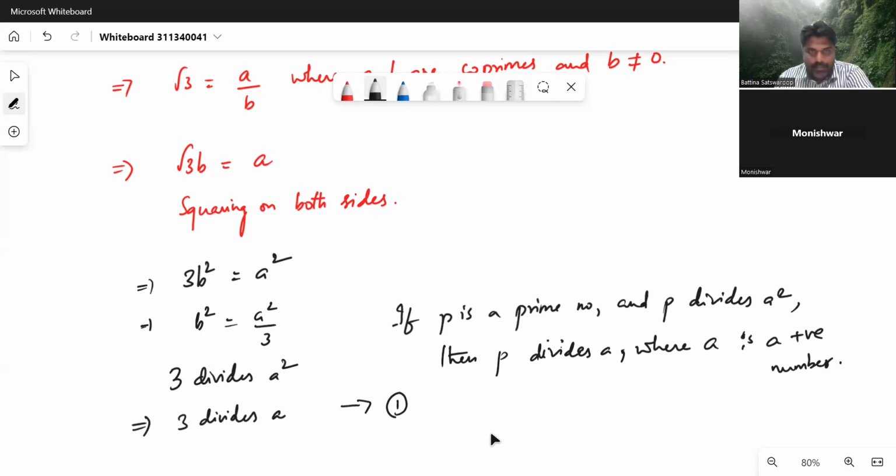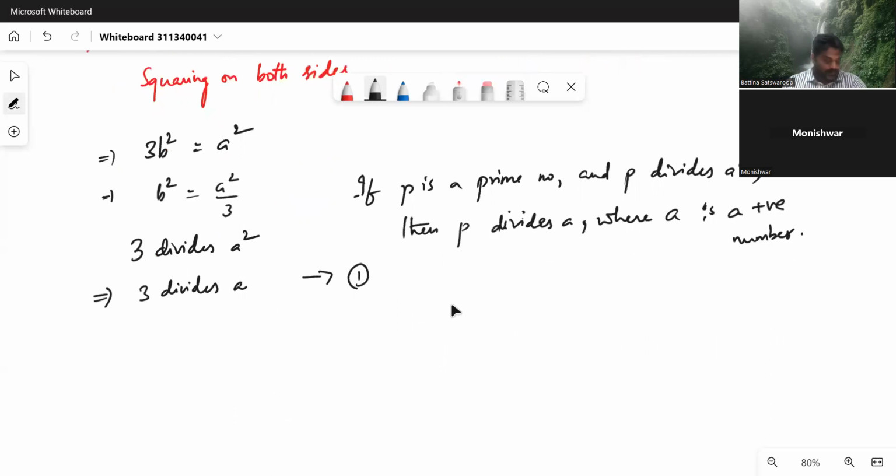Now, what I will do over here, let us take a is equals to 3c. Here the points are, once again I am telling you, please listen carefully. If we were doing for root 2 is irrational, we would have taken a is equals to 2c.